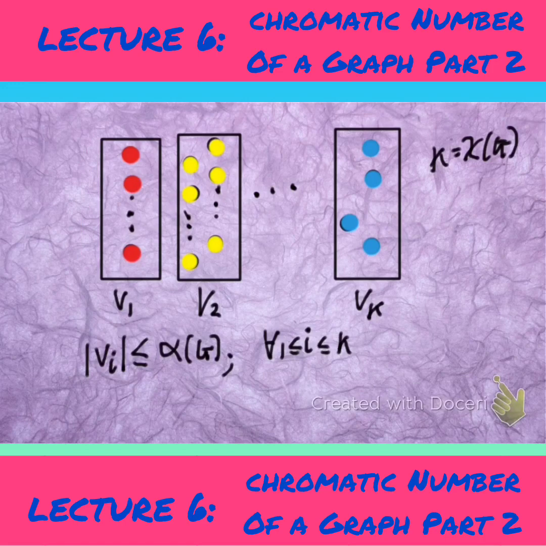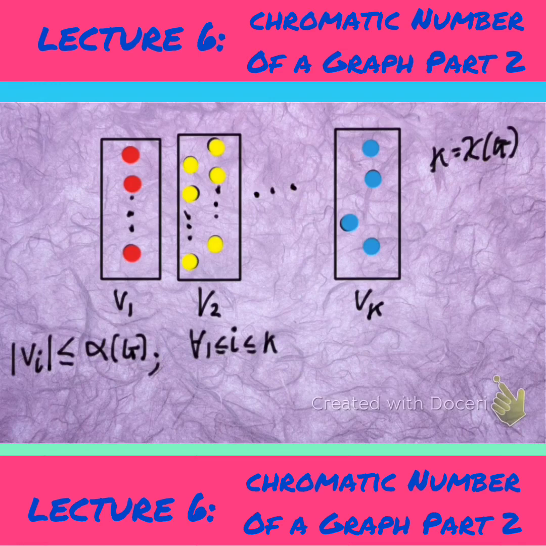If we take the sum over all the cardinalities, we end up counting the order of the graph, since it's a partition.